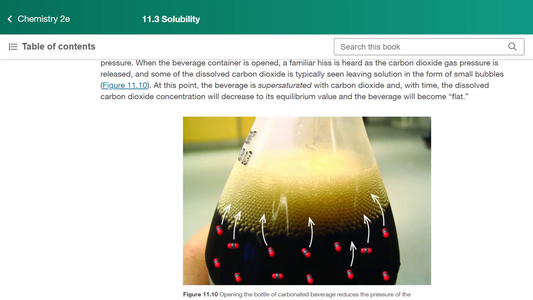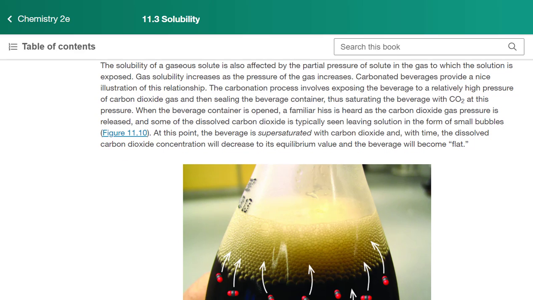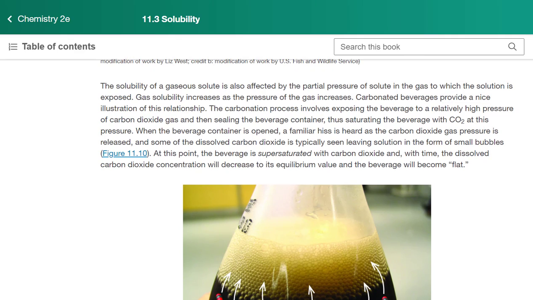Another thing that affects solubility is the pressure of the gas, and it's not the pressure of all gases; it's the partial pressure of the particular gas that you're trying to dissolve in the solution. A great example of where we see this applied is in any carbonated beverage.